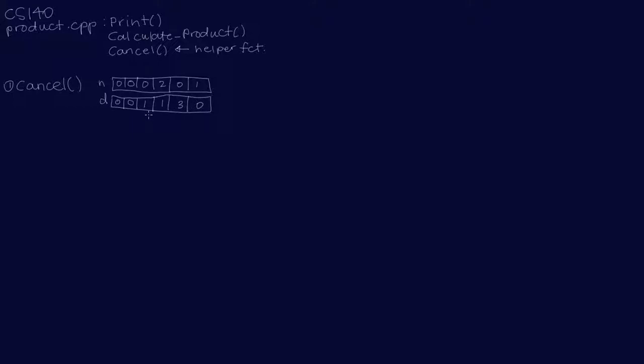When I call the cancel function, I'm going to look at these vectors and see, in the numerator, do I have a number at a certain index? And at that index, I also have a number in the denominator, a non-zero number.